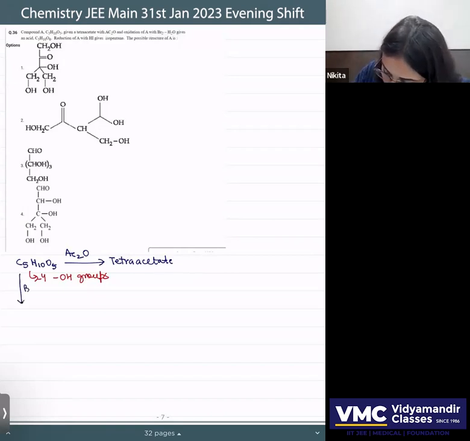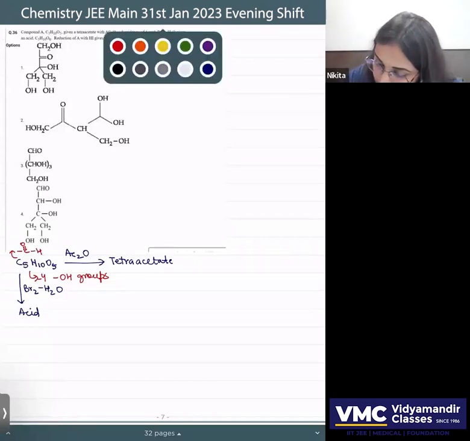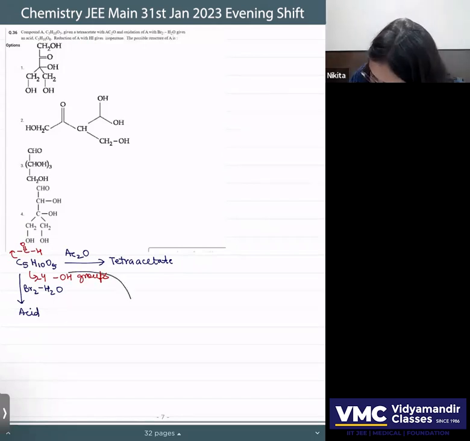Next, they say it gets oxidized with bromine water to give an acid, which indicates that this compound has an aldehyde group present. Then the next information states that on reaction with HI, it forms isopentane.